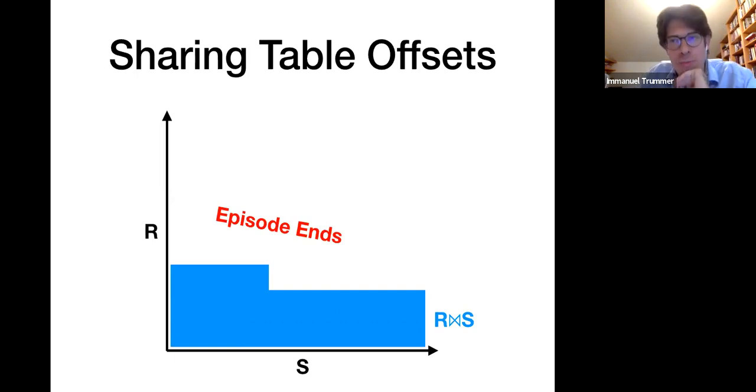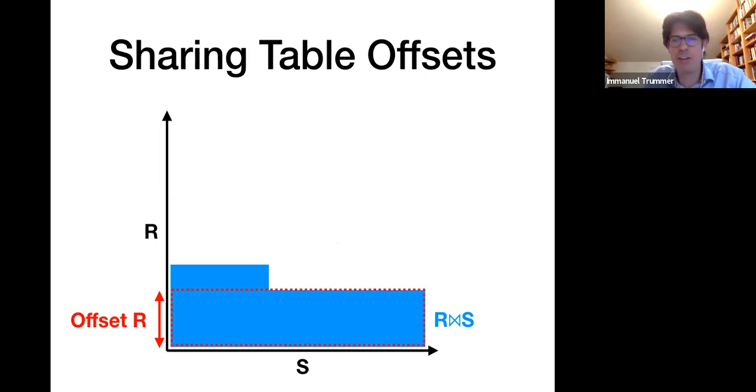So what you see from this plot is that there are certain tuples in R which I have already joined with all possible tuples from S. This is what we also call an offset. So the first few tuples from R, which have been joined with all tuples in S. And if I now switch to a different join order, which in this case must be S, first S, then R, I know that I never have to reconsider those tuples in R, which have already been joined with all tuples in S, because the corresponding result tuples have been added into our overall join result set.